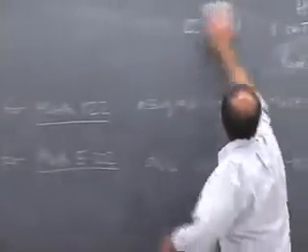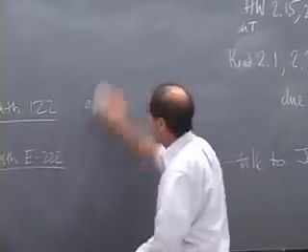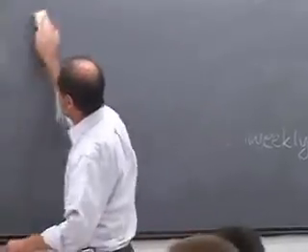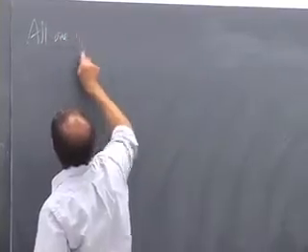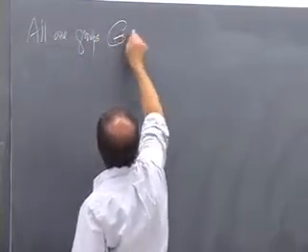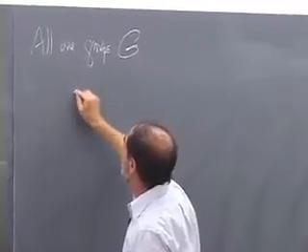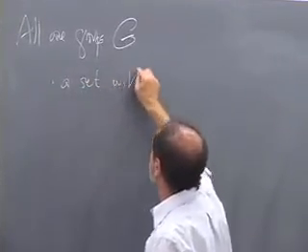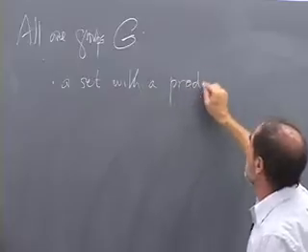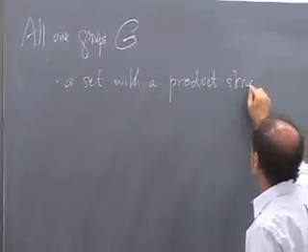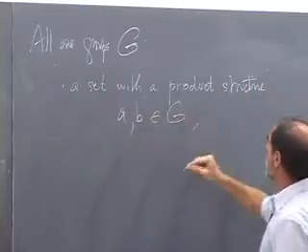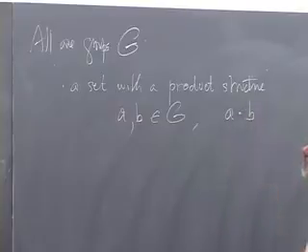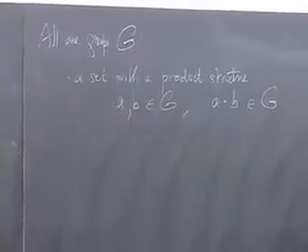And a group G is, by definition, first, a set with a product structure. That means if you have two elements A and B in the group, then you get a new element, A dot B, the product of A and B, which is a new element in the group. So there has to be a product.